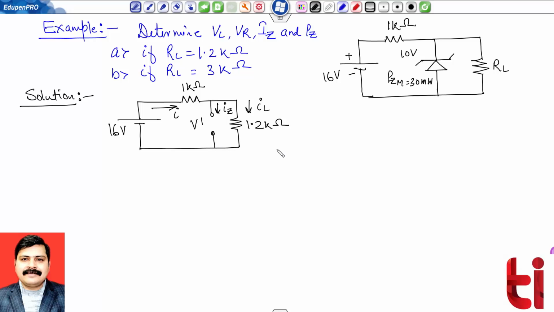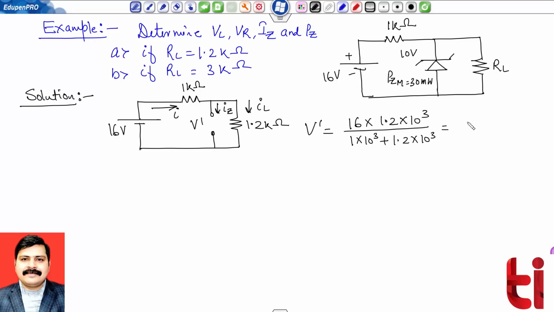So what is the value of this V dash? V dash will be equal to the voltage across the 1.2 kilo ohm resistance. So we can apply the voltage division rule: 16 multiplied by 1.2 into 10 raised to power 3 divided by 1 into 10 raised to power 3 plus 1.2 into 10 raised to power 3.